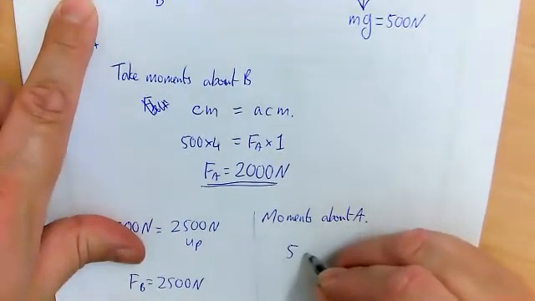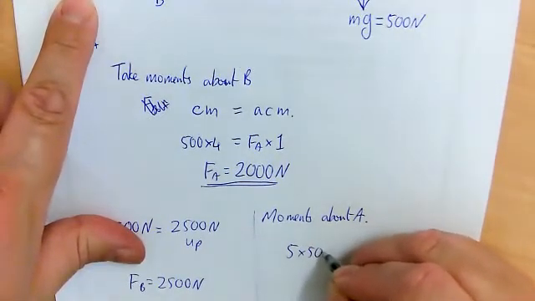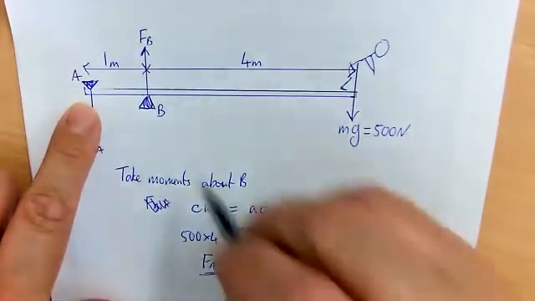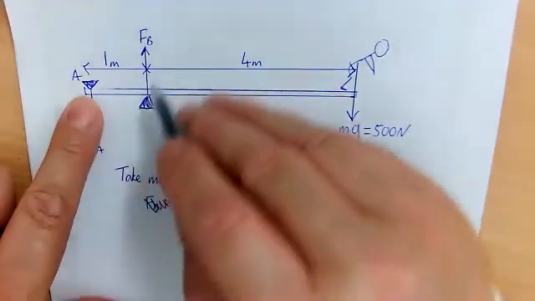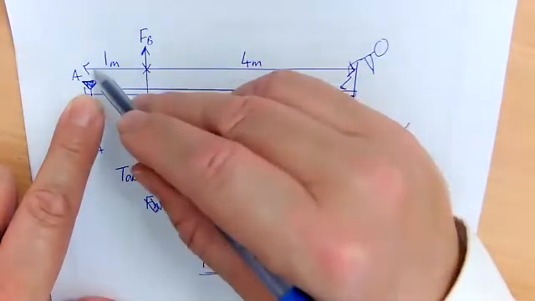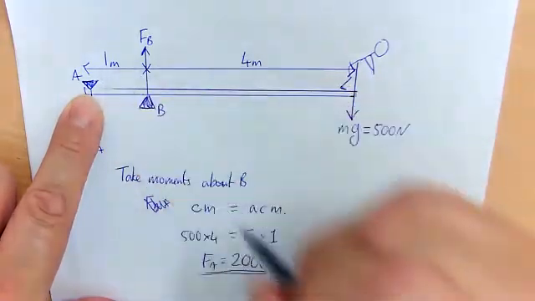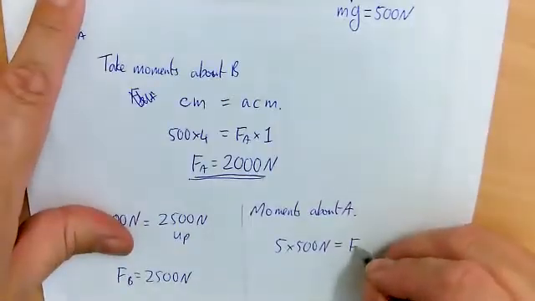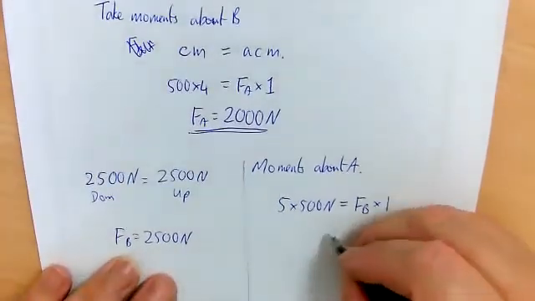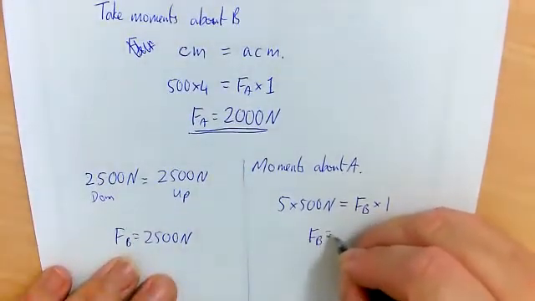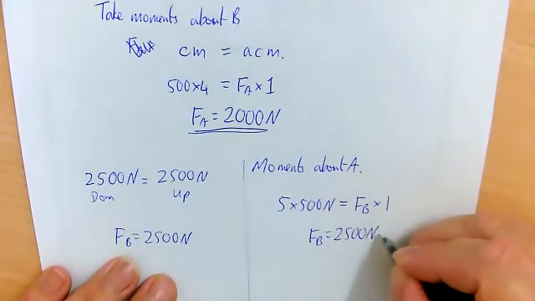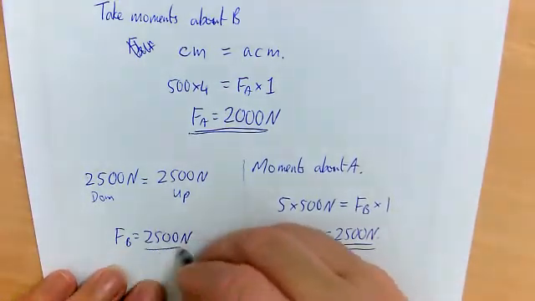So 5 meters multiplied by 500 newtons is equal to the anti-clockwise moment, which is caused by the force from B, multiplied by the distance between A and B, which is 1 meter. So it turns out the force B is 5 times 500, which is 2,500 newtons.